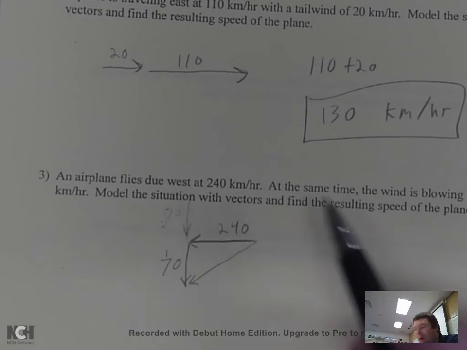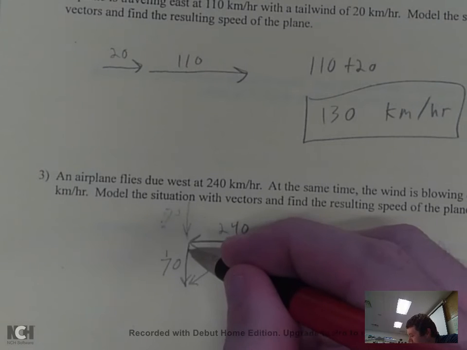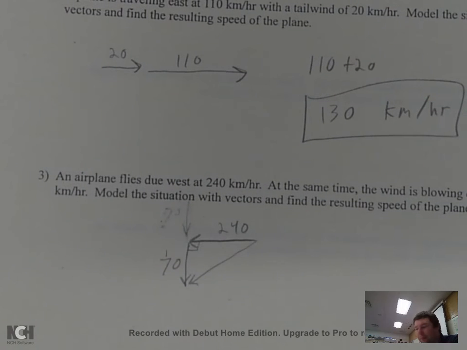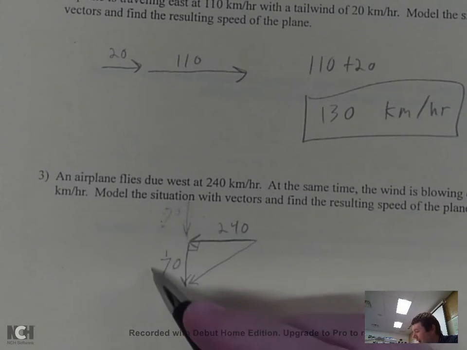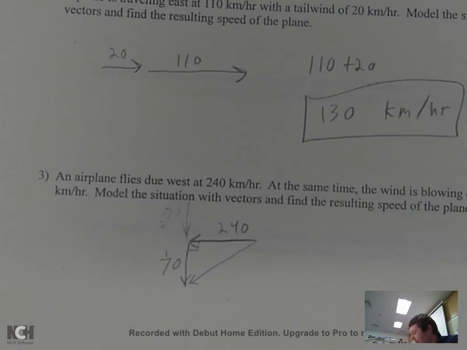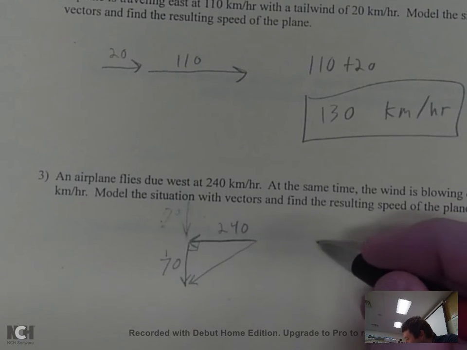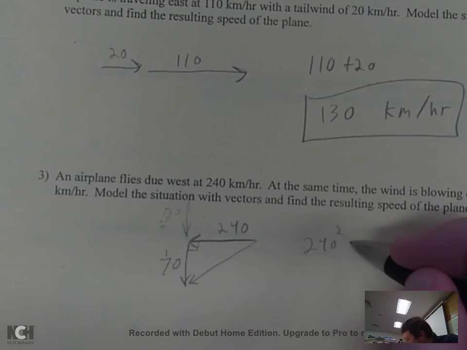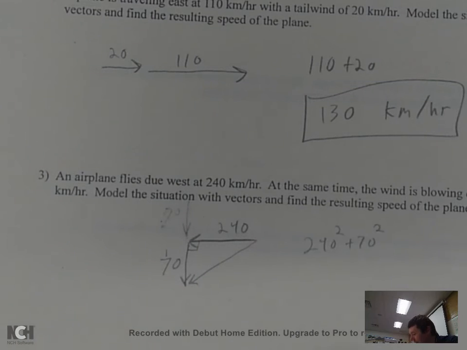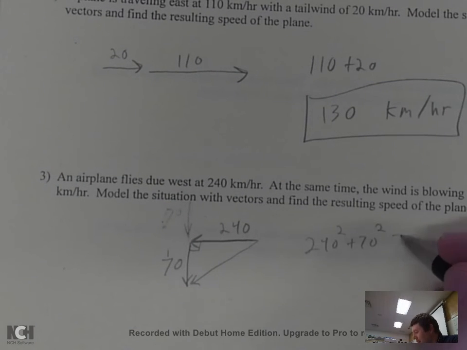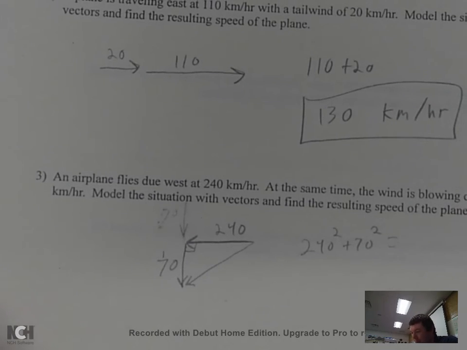Okay? So this is essentially a Pythagorean theorem problem, right? We've got this squared plus this squared, and then you square root. So to set it up, it would be 240 squared plus 70 squared, and that's going to equal whatever the vector is squared, right?